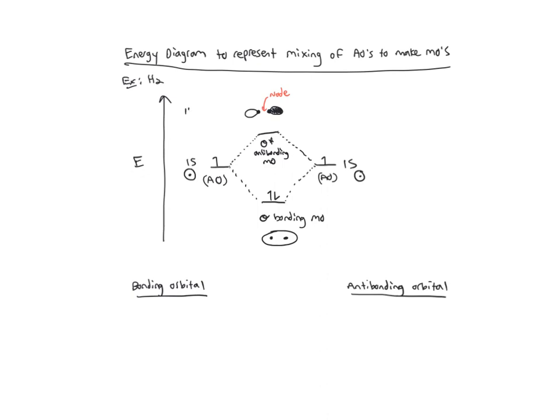We have our hydrogen atom on one side of this diagram, and on the other is representing the other hydrogen atom, and in the middle of the diagram is representing the hydrogen molecule. So those are the molecular orbitals in that middle section, and the two atomic orbitals on either side. That bonding molecular orbital, what we've seen from this diagram, is that it's actually lowest in energy.